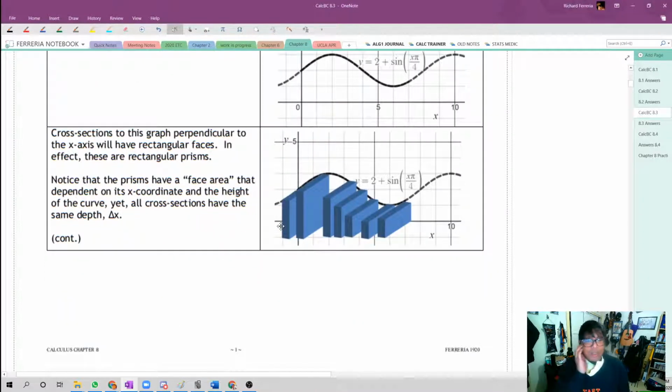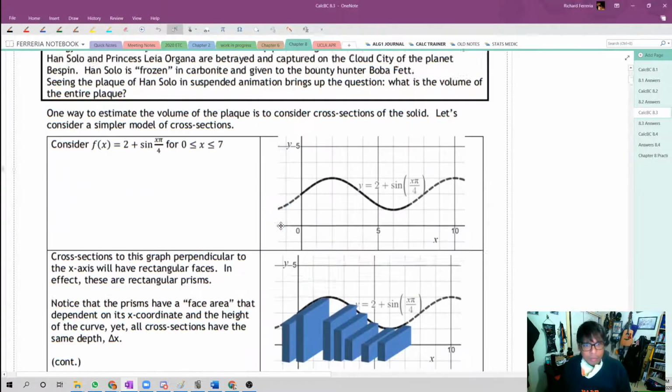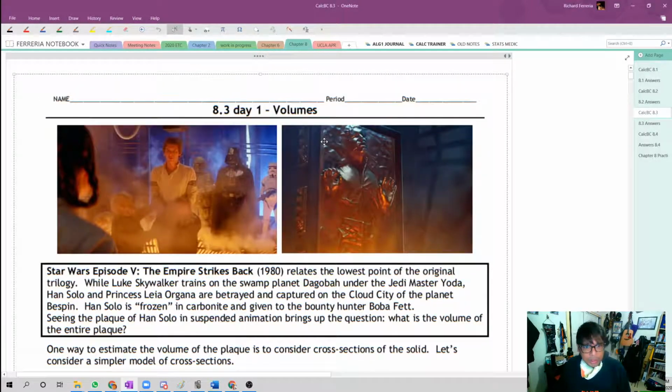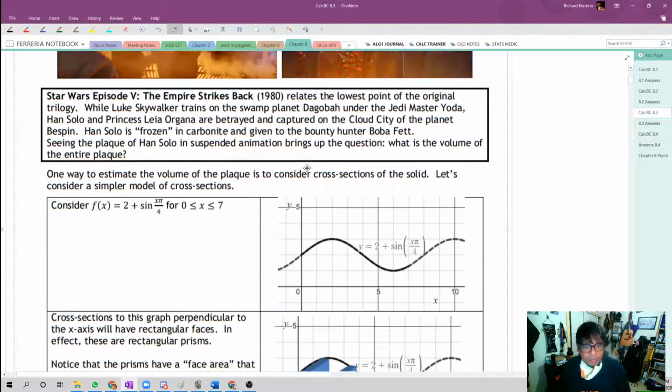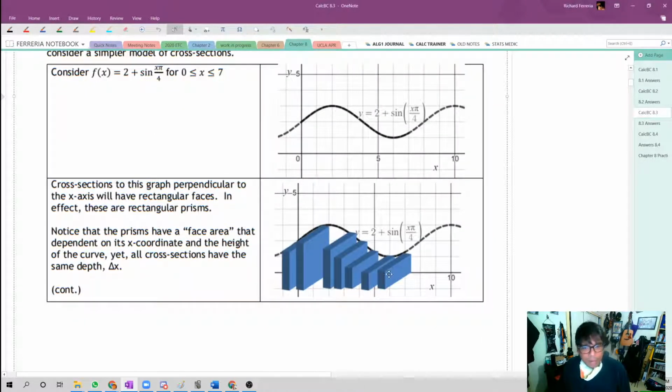We're going to say that if we cut the cross sections of Han Solo here, if we just slice off a piece, it would be kind of a rectangle. Probably the easiest one to look at is this one right in the bottom corner. All the slices are going to be kind of like that rectangle.